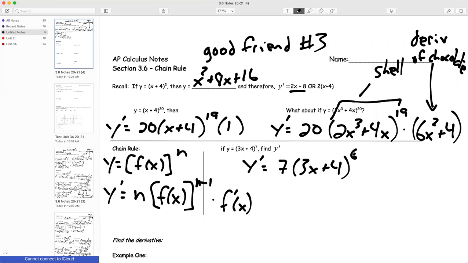And then I multiply by the derivative of 3x plus 4, which in this case is 3. And you might see that I can simplify this a little bit. The 3 I can multiply by the 7 out front, and that is going to give me 21 times 3x plus 4 raised to the 6th power.